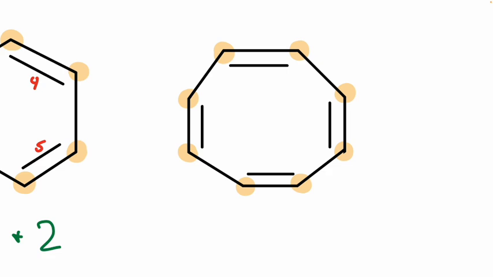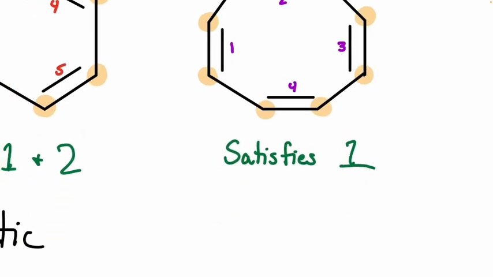So this one satisfies rule 1. But now we're going to move on to rule 2 here. I'm going to count my number of delocalized electron pairs, these pi bonds. So that's 1, 2, 3, 4. Does this one satisfy rule 2? No, I got an even number of electron pairs.